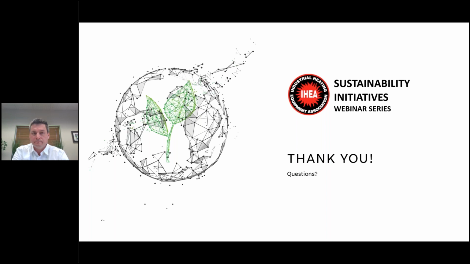Let's see. Are bottled gases considered part of scope 1 emissions? Bottled gases are not. Bottled gases will be part of scope 3, and that's why I put them in there. Bottled gases are produced upstream of your facility, right? And they come into your plant, but they're not recyclable.